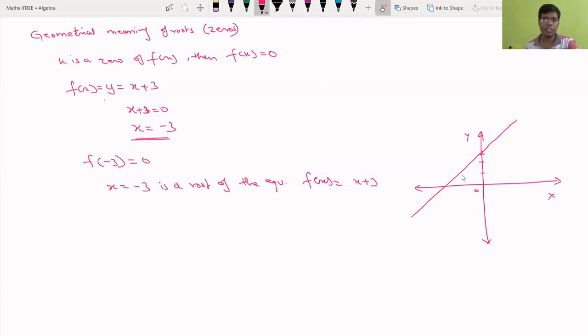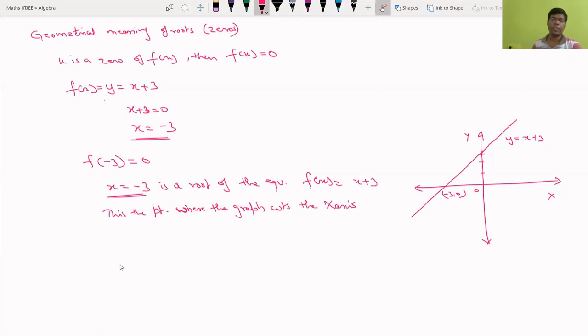But basically, this is how y is equal to x plus 3 looks like. So this graph y is equal to x plus 3 will cut the x-axis at minus 3 comma 0. So when I say x is equal to minus 3 is the root of this equation, that means this is the point where the graph cuts the x-axis.